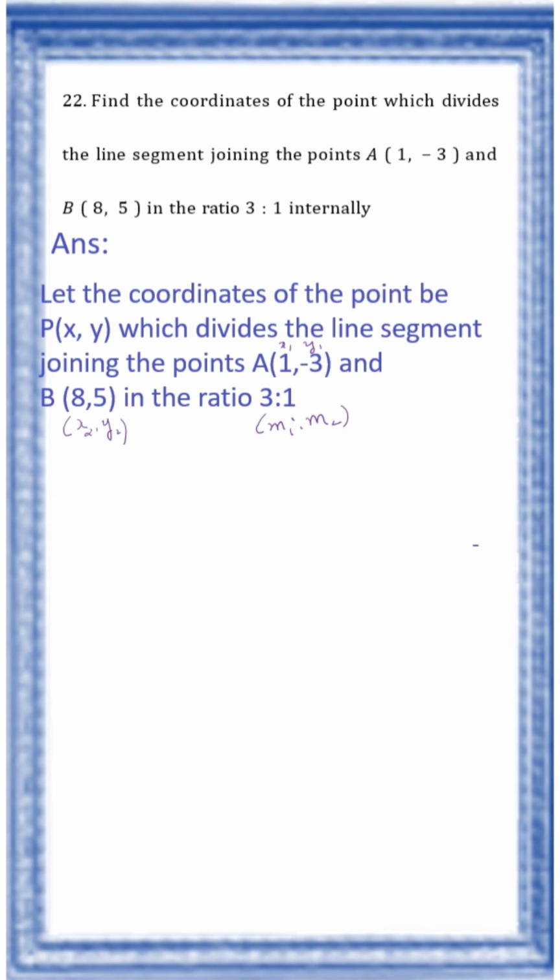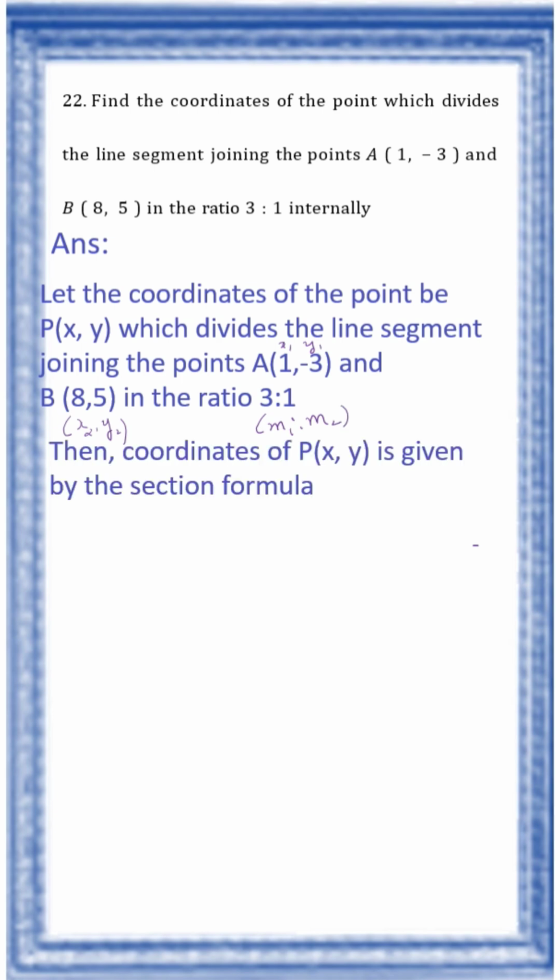Now the coordinates of P(x, y) are given by the section formula. x is equal to m1 x2 plus m2 x1 upon m1 plus m2, and y is equal to m1 y2 plus m2 y1 upon m1 plus m2.